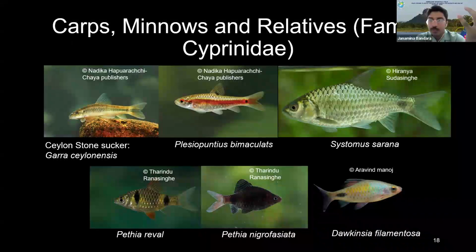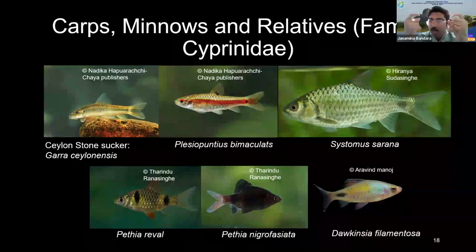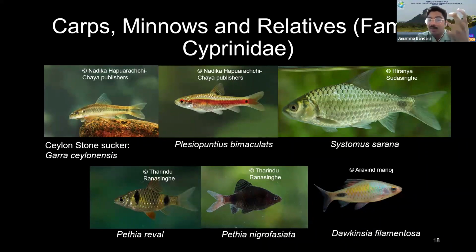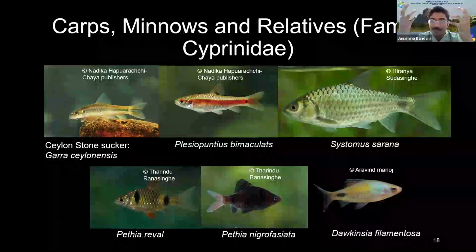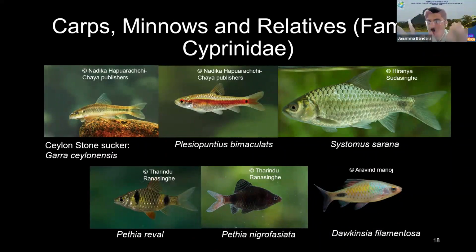This includes all the carp species, from the biggest ones like Tokudri, the Lehella, to other species like Cystomus serrana, the Muspethia species, and the smallest barbs like Petia ravel, Petia nigrofasciata, Petia bandula. Have you heard of Bandula Petia? Of course, you have heard of Bandula Petia over the news or these advertisements.